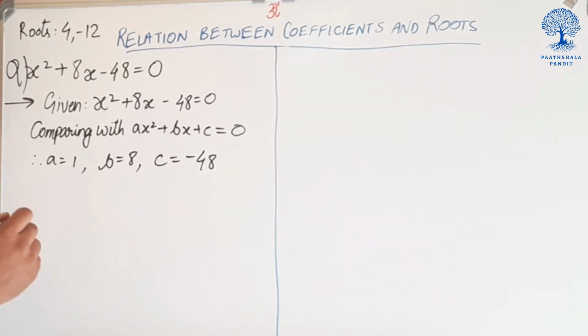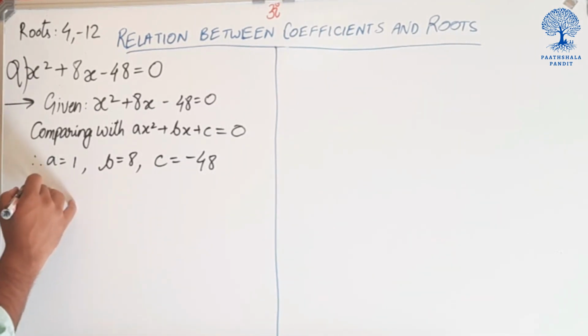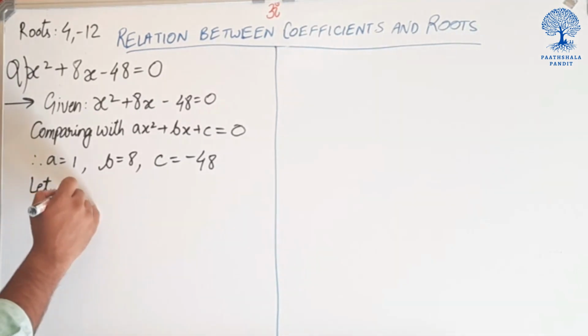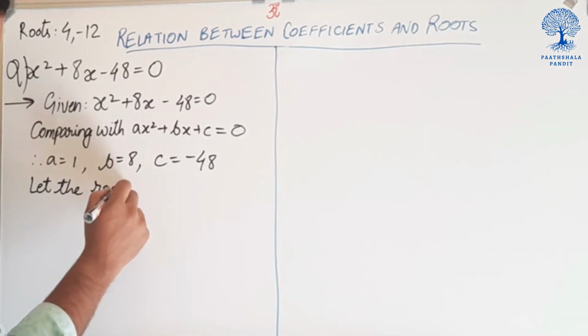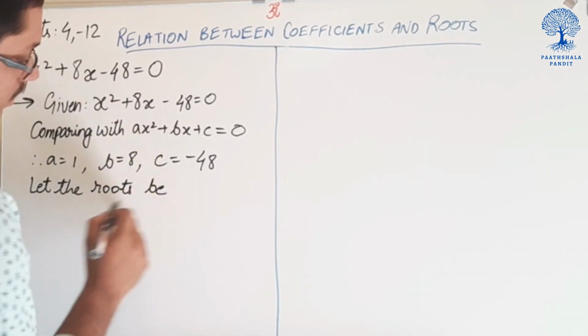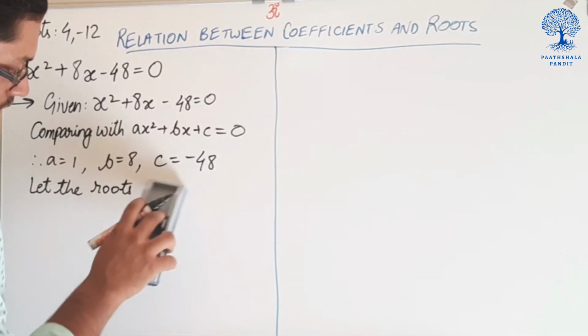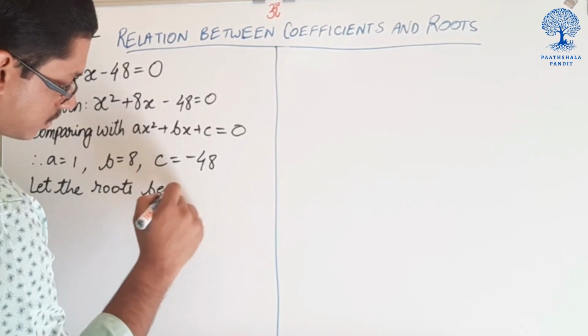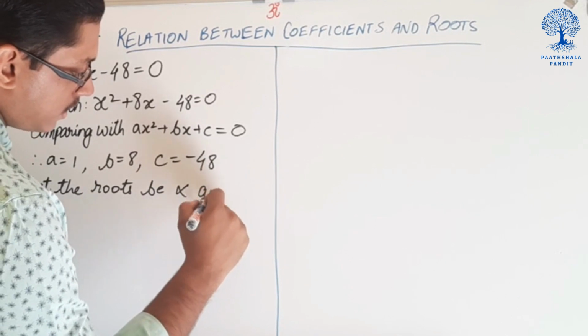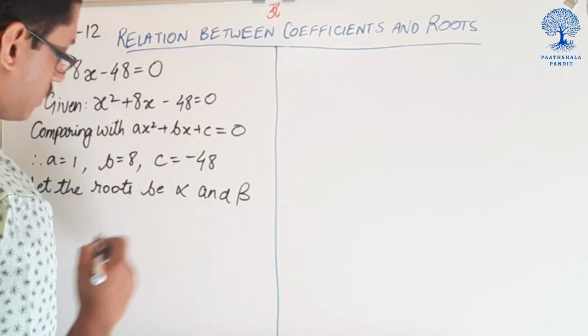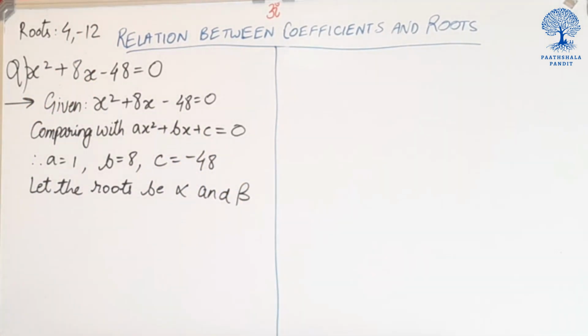Now the sum of roots: let the roots be alpha and beta.